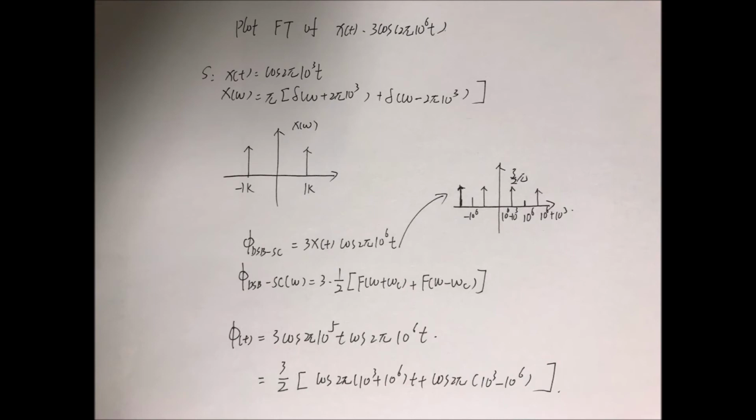This one will move to plus omega c and minus omega c. This is 10 to the 6, isn't it 3 cosine? Yes, 3 cosine. So 3 will be here, 3 will be here. I'm going to move this one to here.